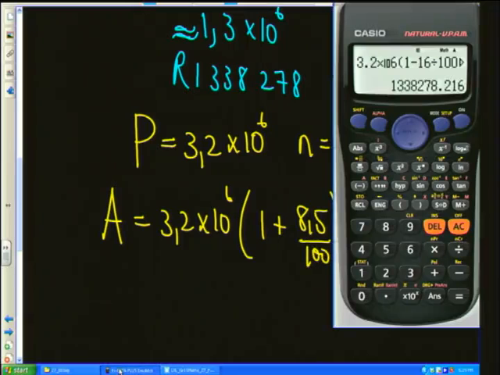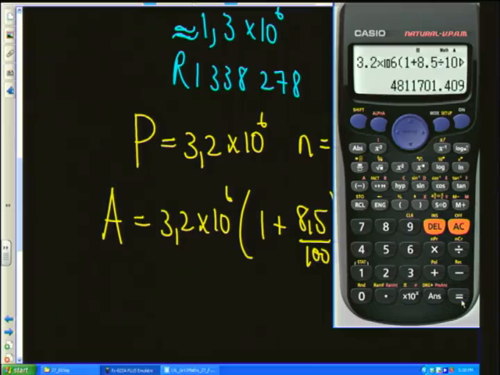So what does our magic machine have to tell us about that? Okay, I still have that calculation in there, so let's just go back in. I want it over 5 years, and I want an 8.5. And I want to add this time around. So I'm going to have 1 plus 8.5 divided by 100. Let's see how much the fleet of cars will cost. Look how much it goes up by.